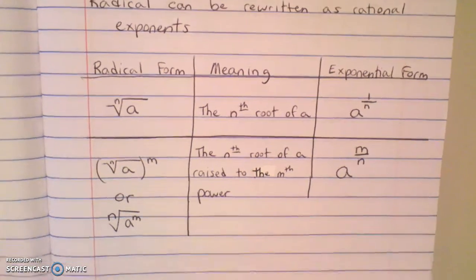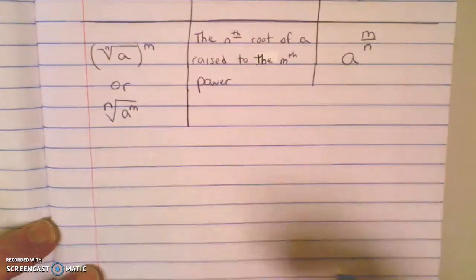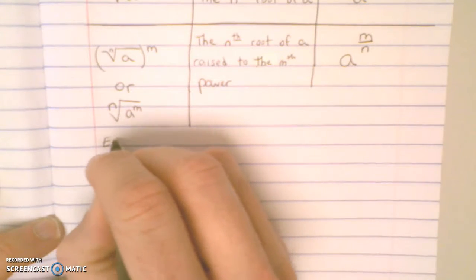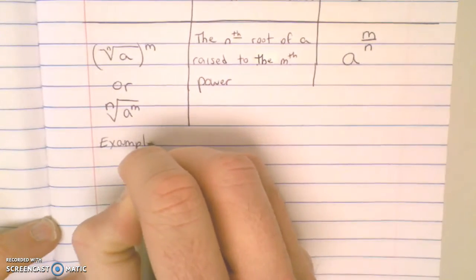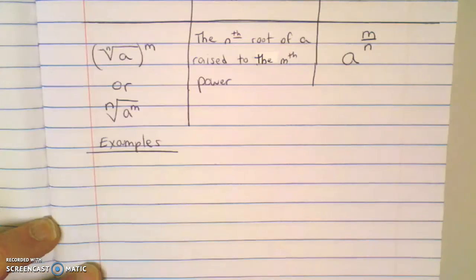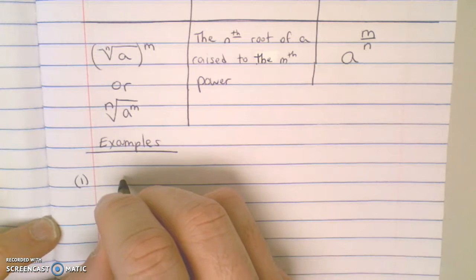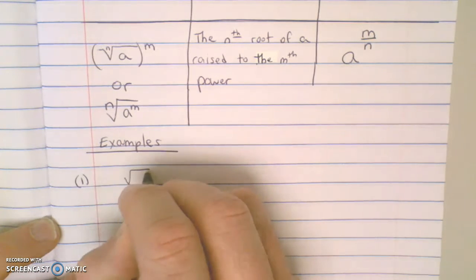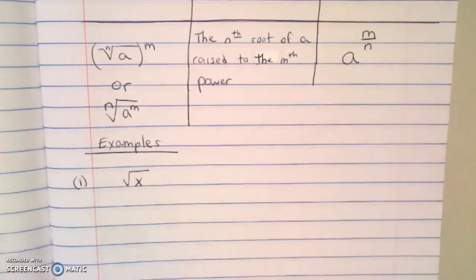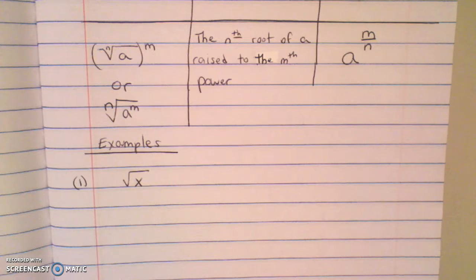So if I give you a problem, let's say it's the square root of x, and I want to rewrite that in exponential form, which means that I don't want to have a radical symbol there anymore.